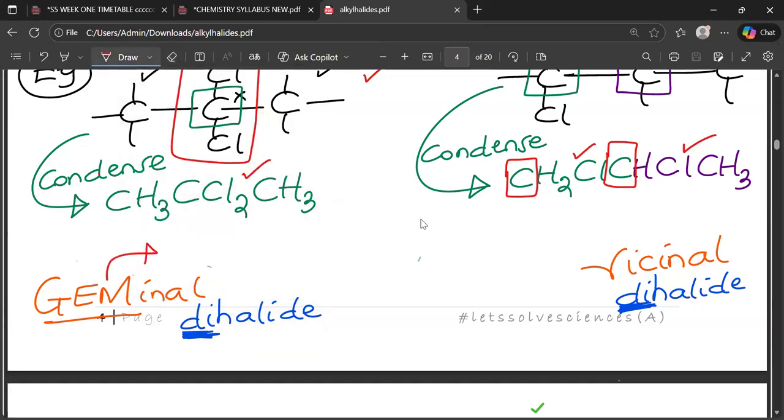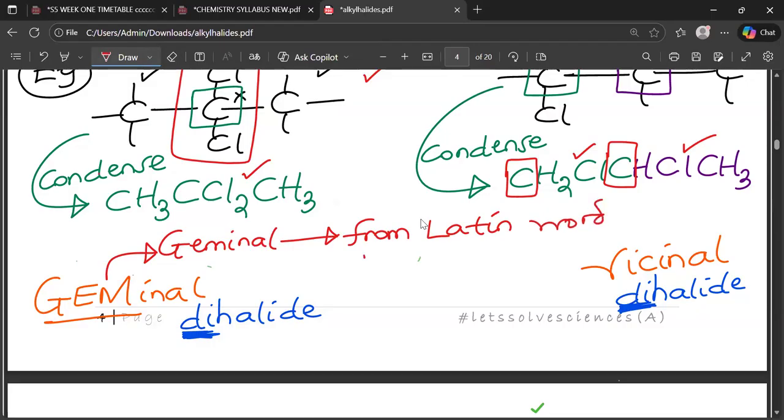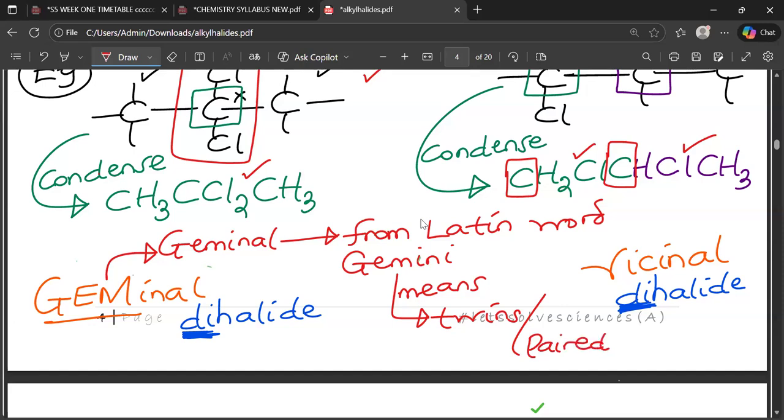So we have said gemino comes from a Latin word, Gemini, which means twins or paired.